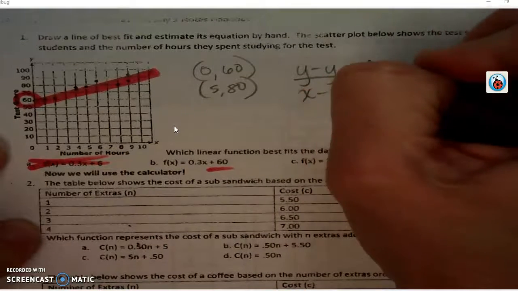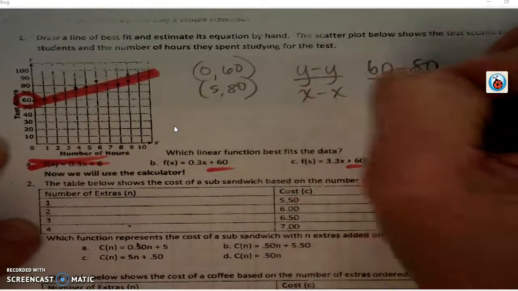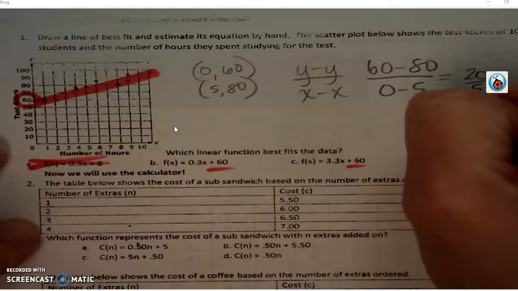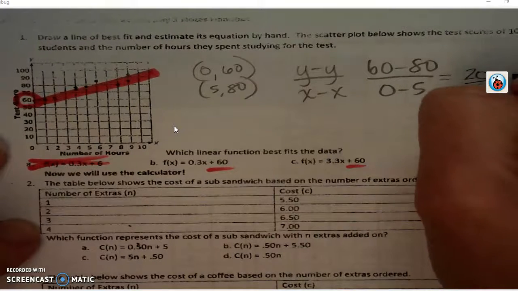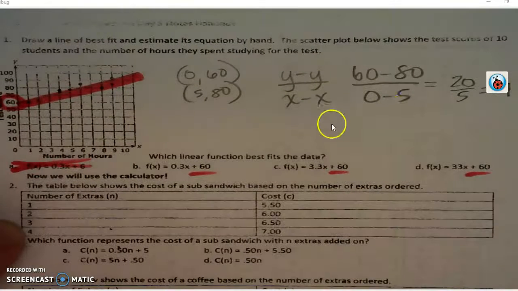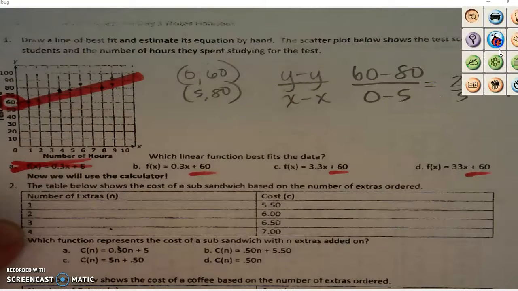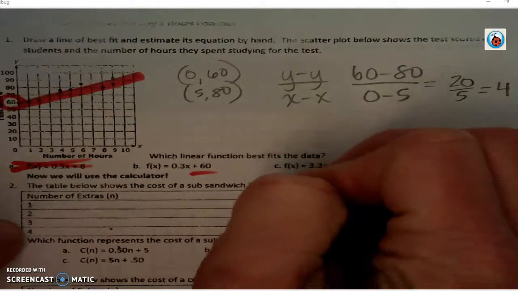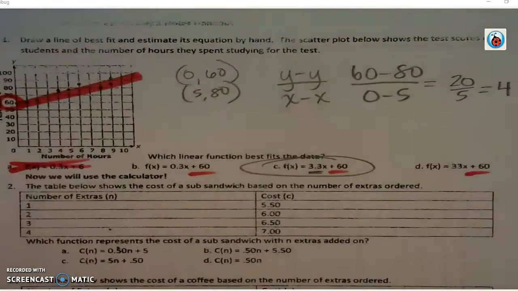So 80 minus 60 over 5 minus 0 gives me 20 over 5, which is 4. So the slope of that line is estimated to be 4. And if you look at your answer choices, the closest one to 4 is 3.3, which is C.